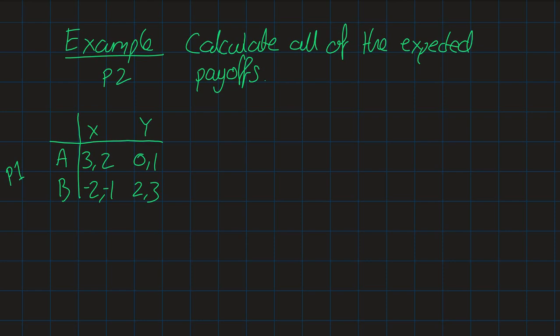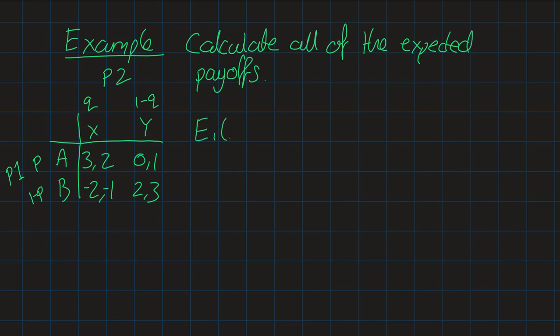So I'm going to tell you that player 1 plays A with probability P, which means that they play B with probability 1 minus P. Player 2 plays X with probability Q, which means that they play Y with probability 1 minus Q. It's because P plus 1 minus P has to add up to 1. So these are the mixed strategies, and I want all of the expected payoffs.